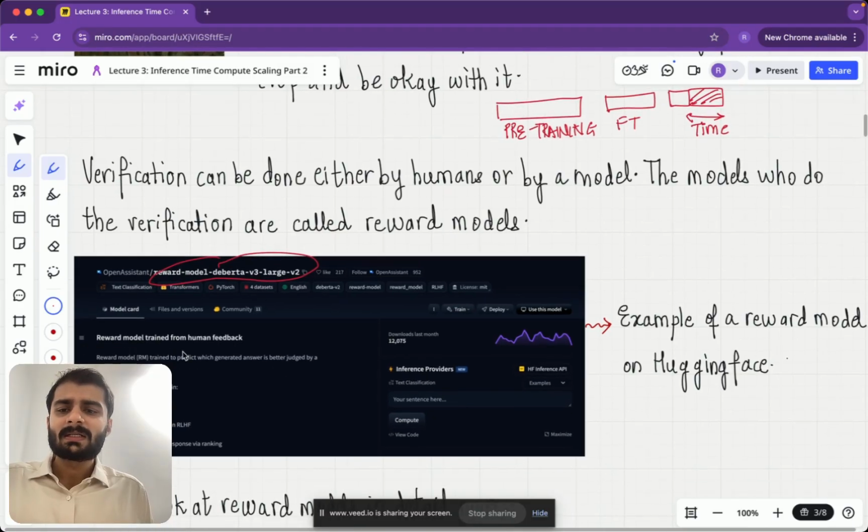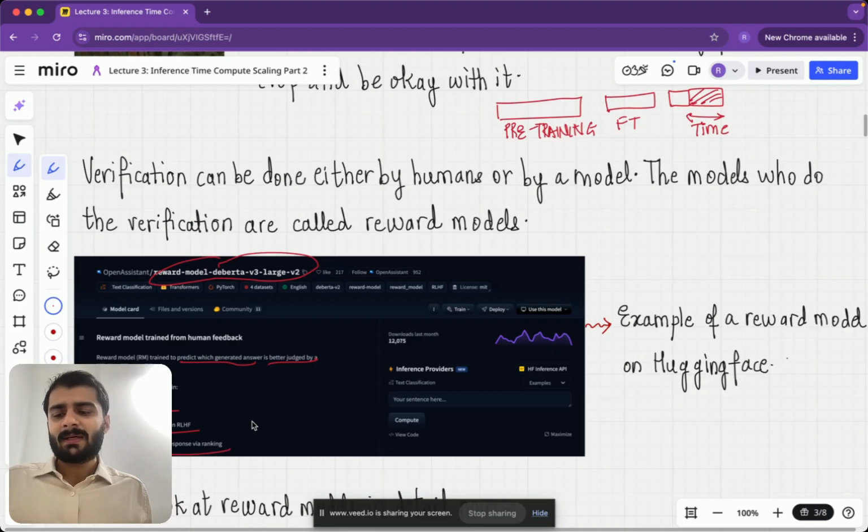What it says is that this reward model is trained to predict which generated answer is better judged by a human given a question. So it's used for model evaluation, reward score in RLHF, and detect potential toxic responses via ranking. So this model is trained such that if you give an input to this model, it will give you a score based on how good the generated answer is.